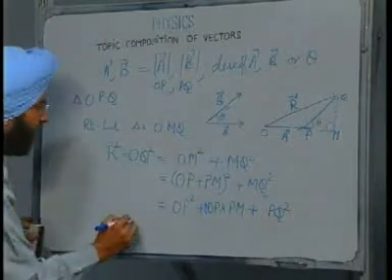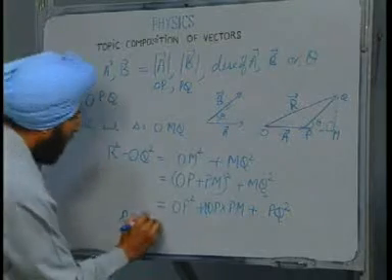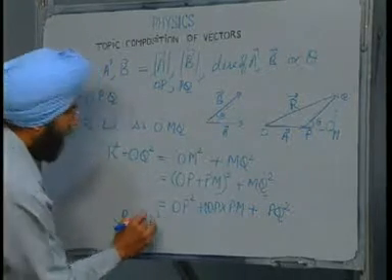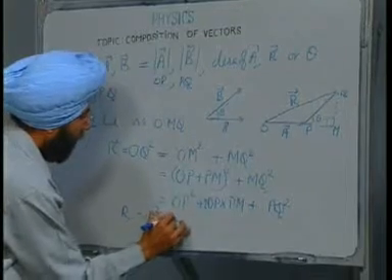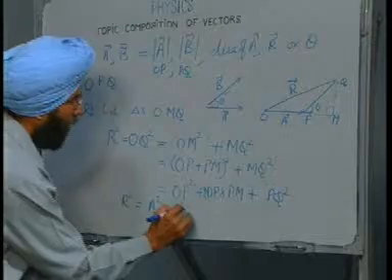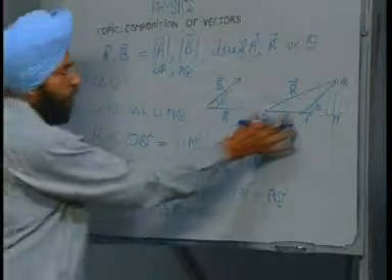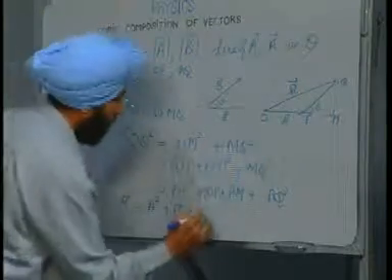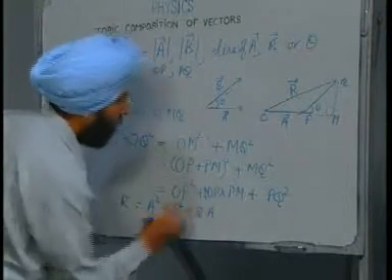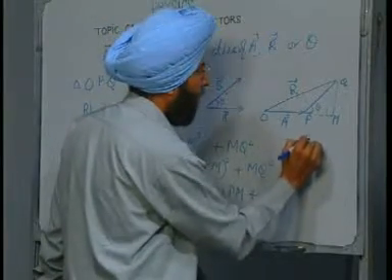So, we have R square equal to OP, that is A square, plus PQ, that is B square, plus 2 OP, where OP represents A vector, so magnitude of A. Now, what is PM? PM is unknown so far.